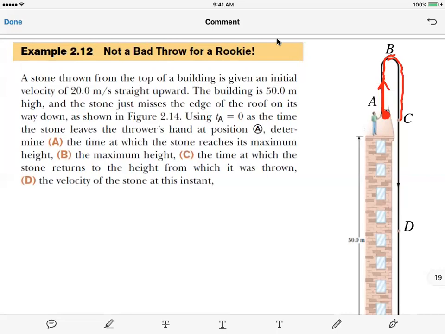So what is the time needed for the stone to pass by point C, because point C is at the same level as the point at which the stone was thrown up? And finally, you have to determine the velocity of the stone when it passes through the point C.